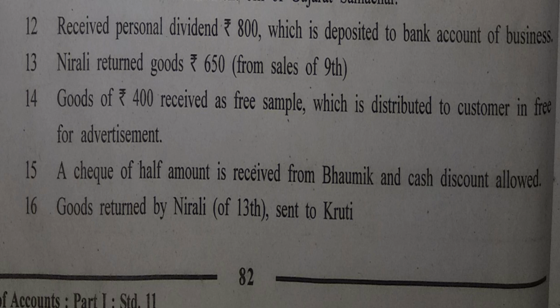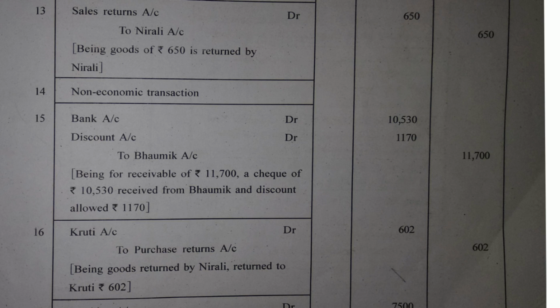It says goods returned by Nirali of 13th sent to Kruti. See, Nirali has returned goods to us and we have returned those goods to Kruti. If a debtor will return goods to us, it is sales return. And if we are returning the goods, it is purchase return for us. And we have returned goods to whom?